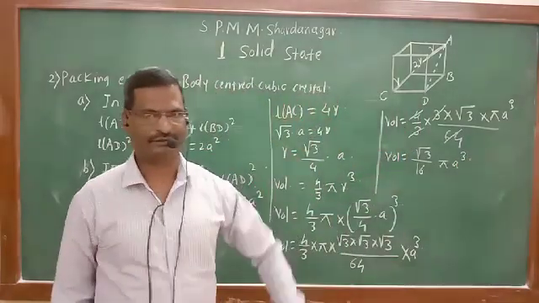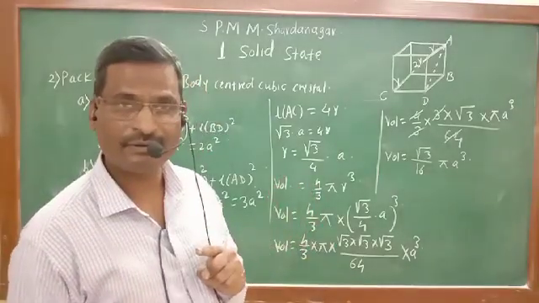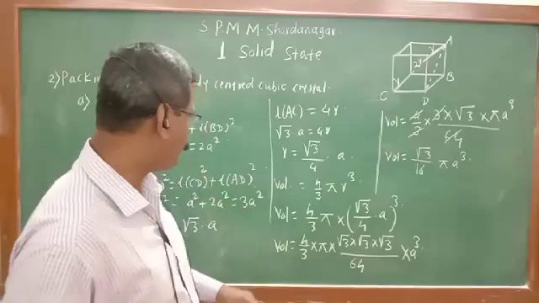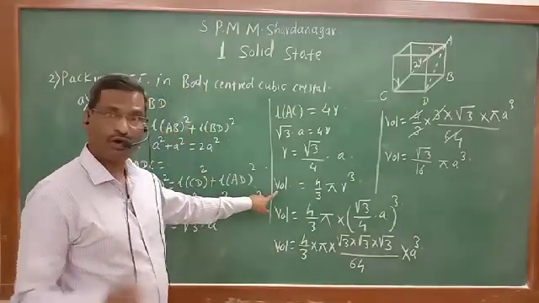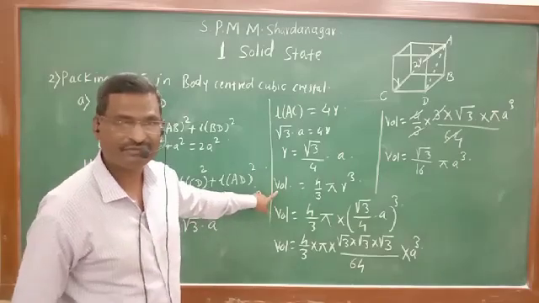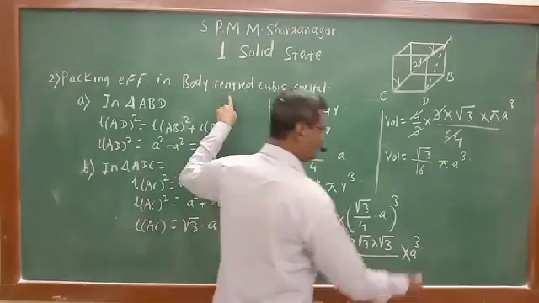This is important. That is nothing but the volume of one sphere. See, this is the formula for volume of one sphere. How many spheres are present in BCC structure? 2 spheres are there.